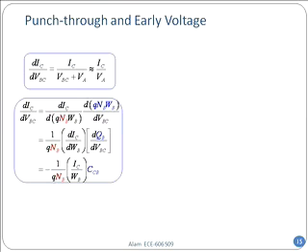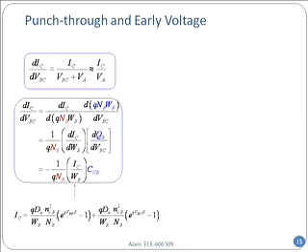Now do you see dQ dVC, what is that? That's the capacitance, because capacitance by definition is the derivative of the charge with respect to the voltage. So that's my capacitance. But why is dIC over dWB equal to IC over WB? And why did I get that from here? Now it will take a second. Just take a look.